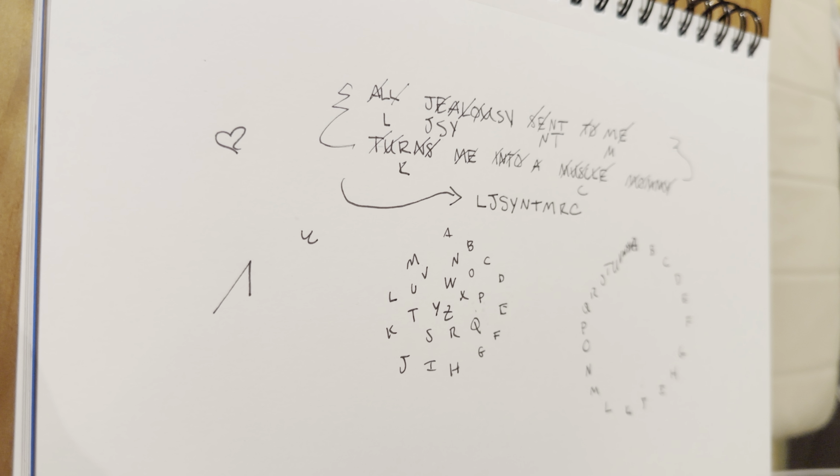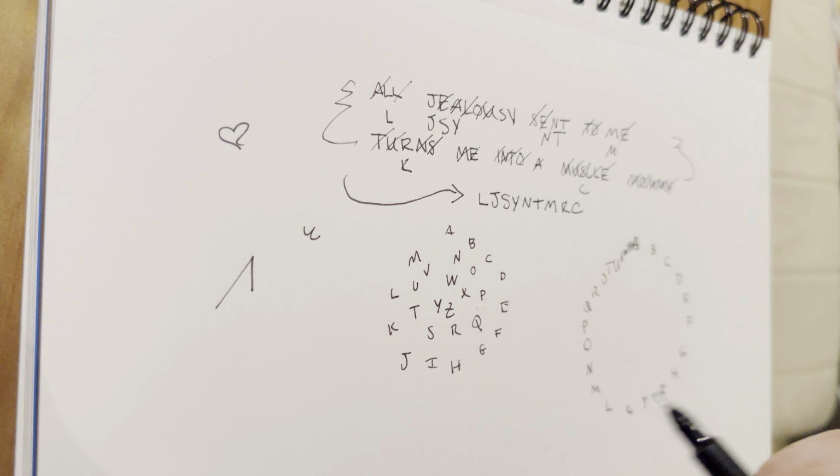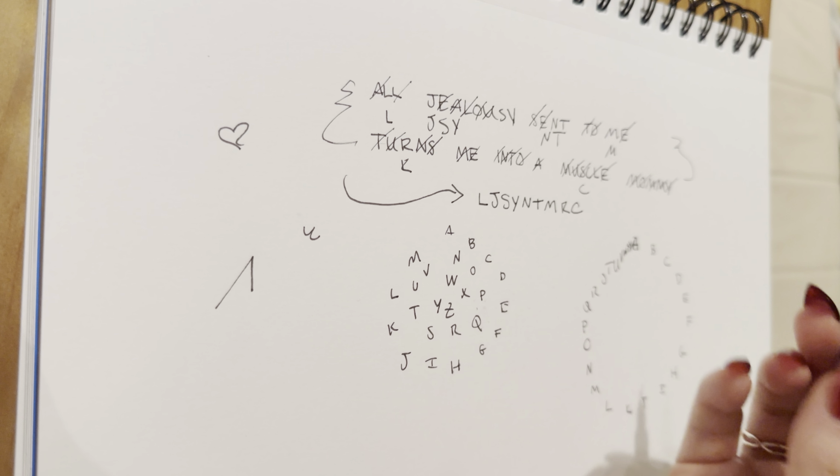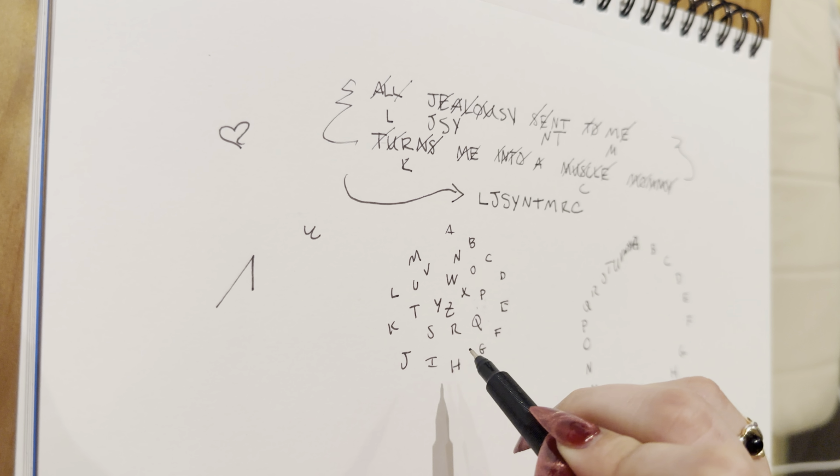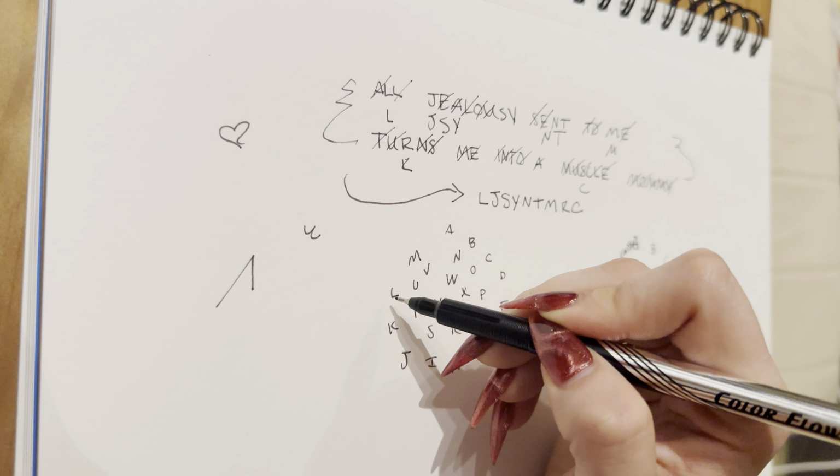Oh my gosh, this video is gonna be so long. I'm so sorry, guys, but this is how you do it. And I'm gonna try my best, guys, so we're just gonna come up with something. So we have L to J. Where's the J? Okay.